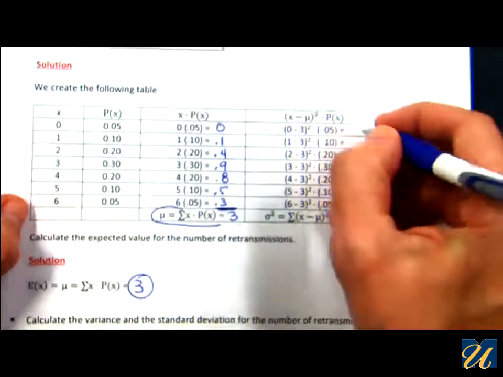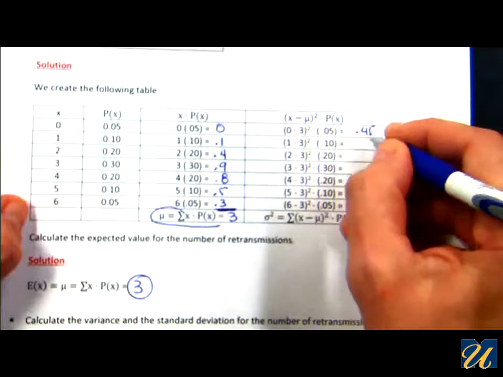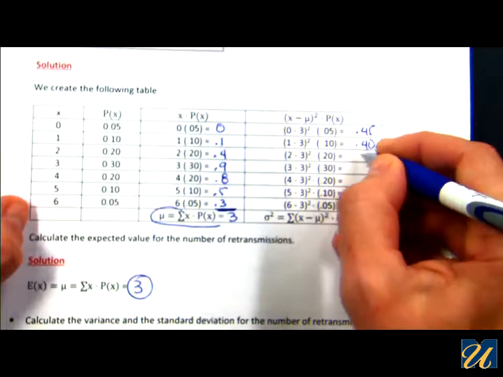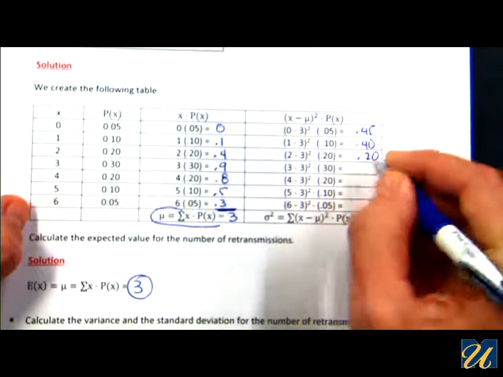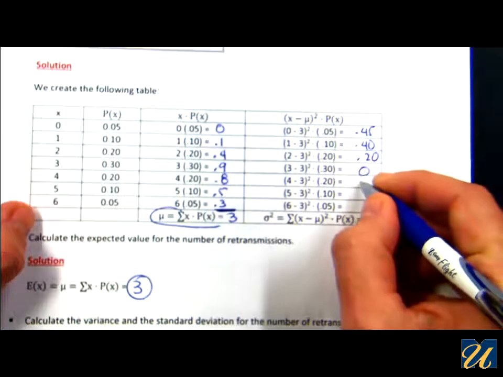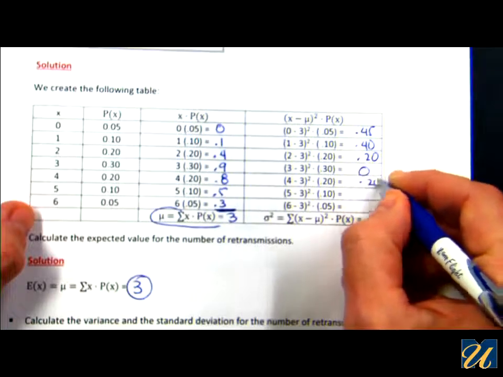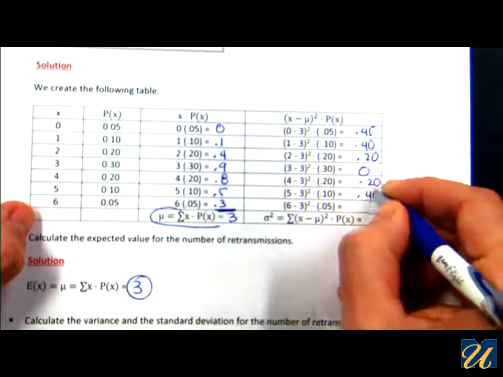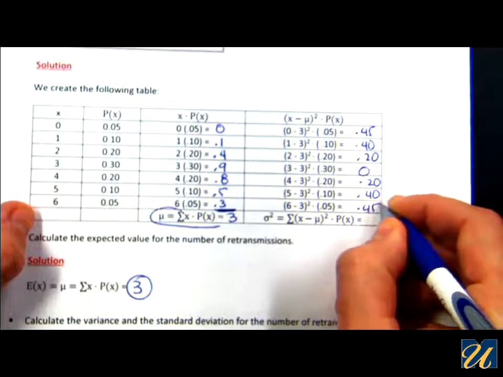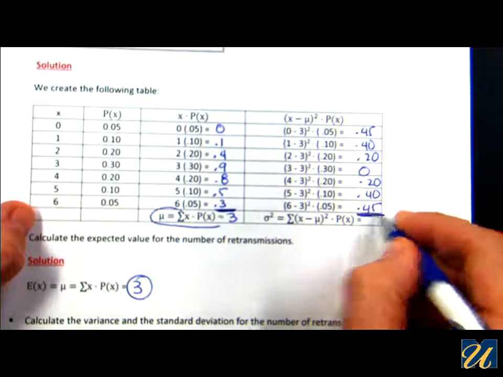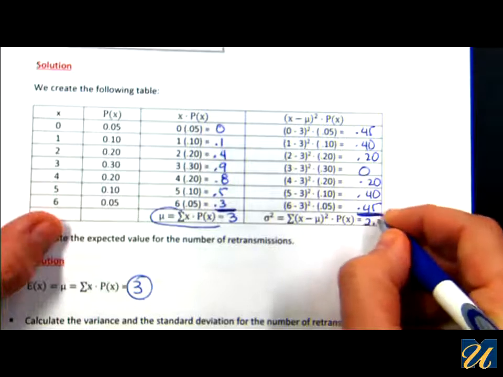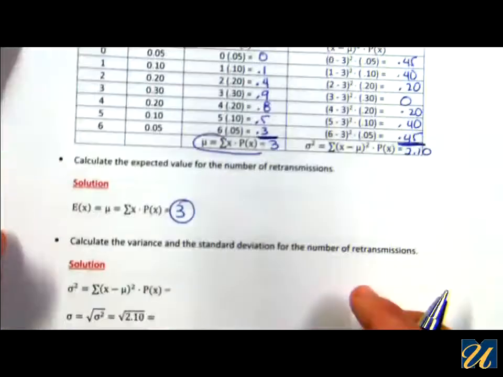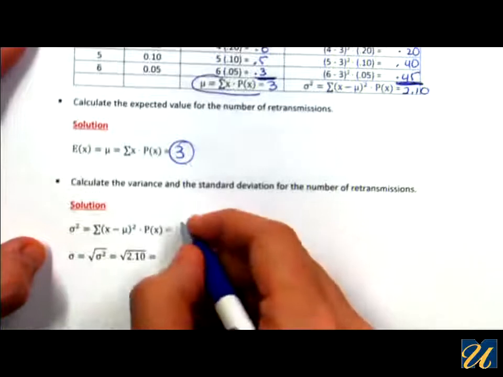So for the first one, this will be 0.45, 0.40, 0.2, 0, 0.2, 0.4, 0.45. Now at the end, we add them, and this will be 2.1. So your variance will be 2.1.